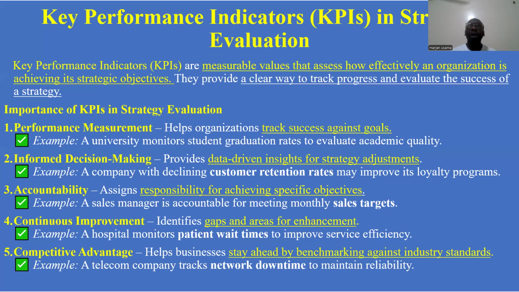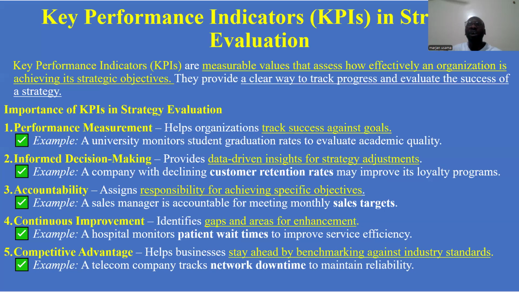These indicators, why are they important? These indicators, they help us in measuring our performance. For example, a university monitors student graduation rate to evaluate academic quality. A university is measuring how many students are graduating every year. For example, at Alpha University, how many students are graduating from the master's program every year? You know, if the number is increasing, wow, we are doing well.